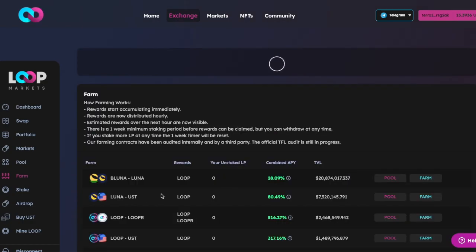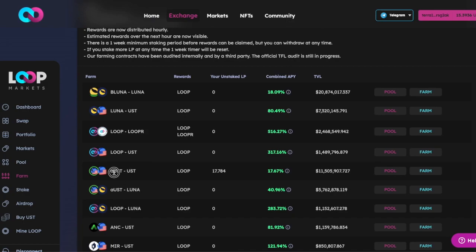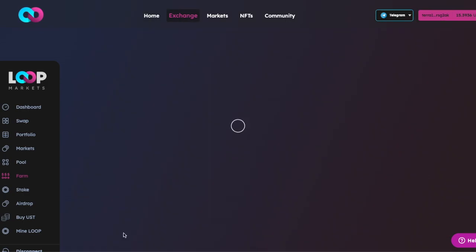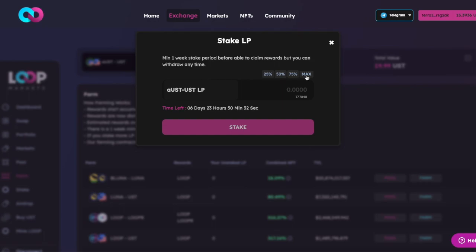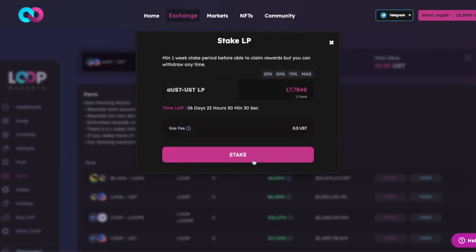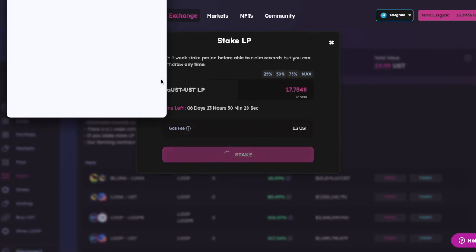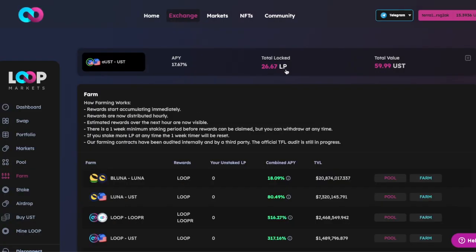When I click on farm, it gives me the option to do a UST farm. Click on this farm, then I'll say maximum and then I'll stake. All right, so I have staked my 17.78 LP.